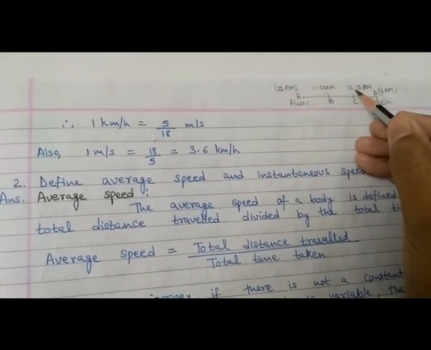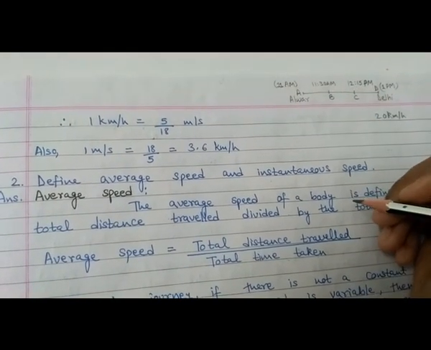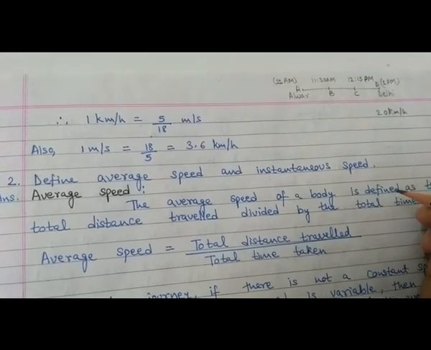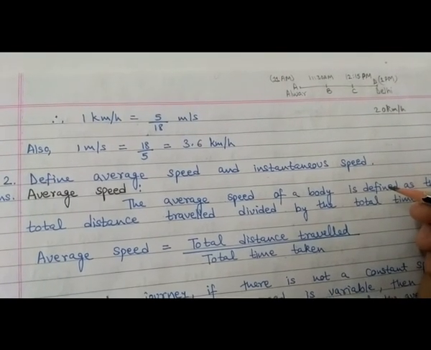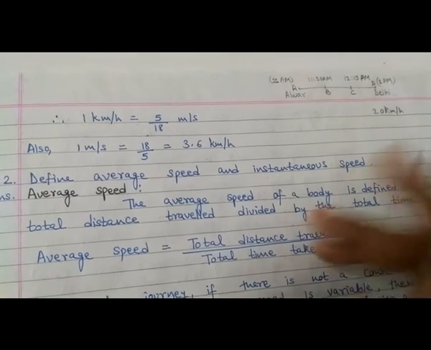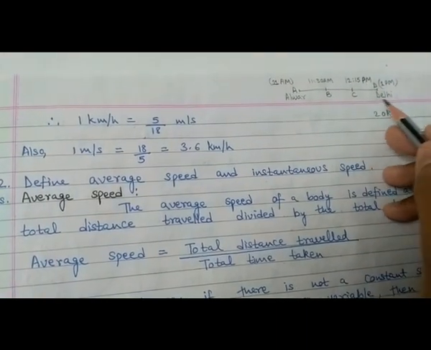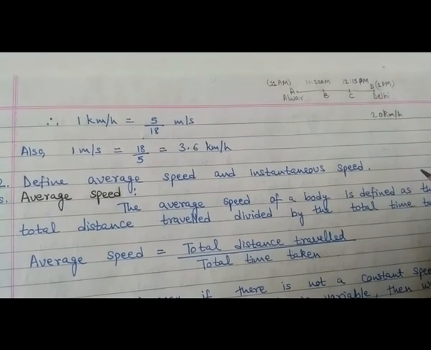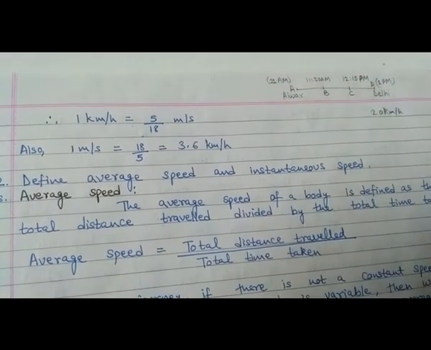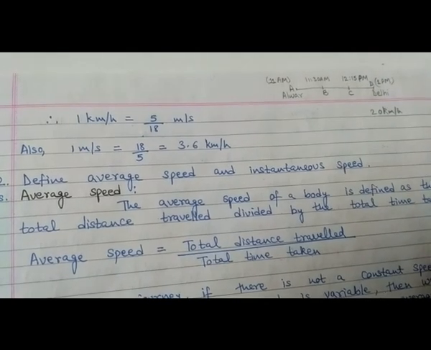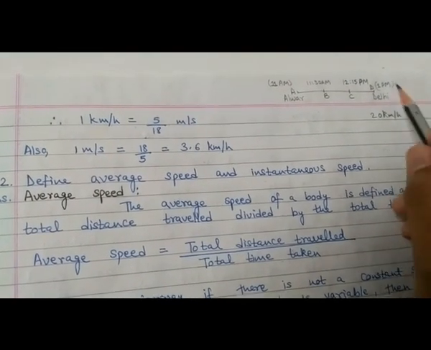My speed at 12:15 p.m. was also 20 kilometer per hour, isn't it? For every instance of time, since I hadn't changed my speed, my speed was the same.